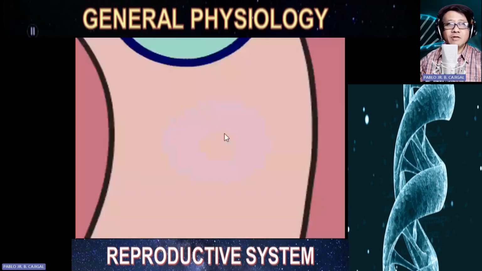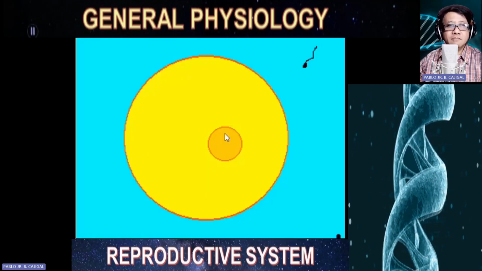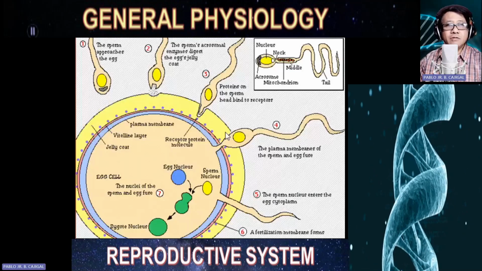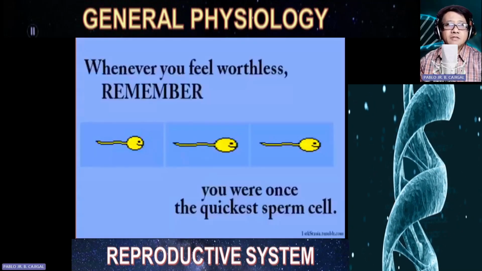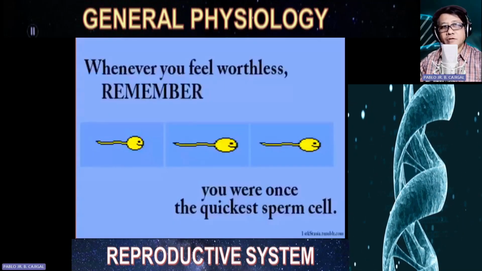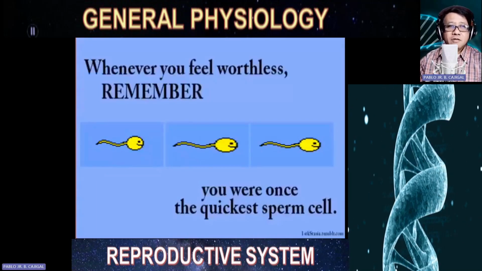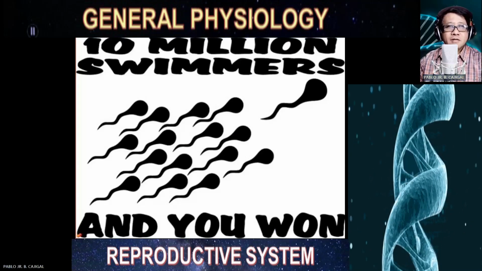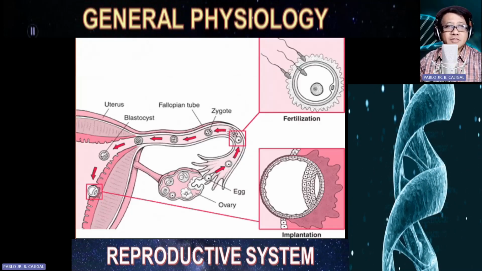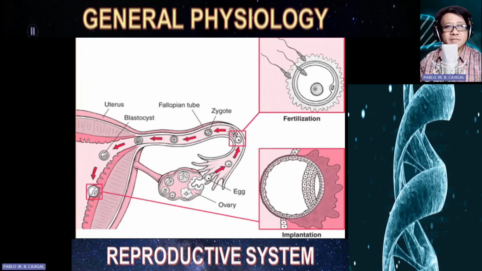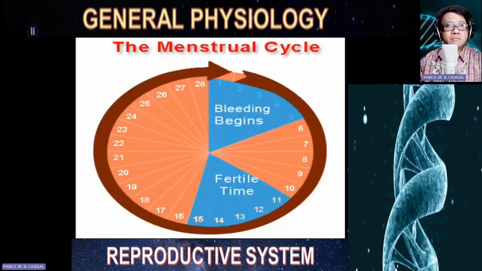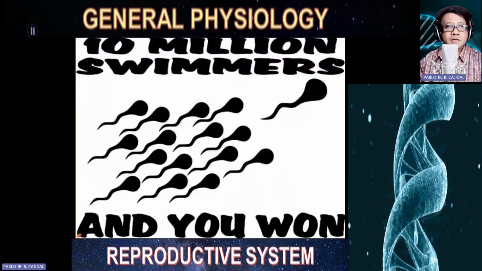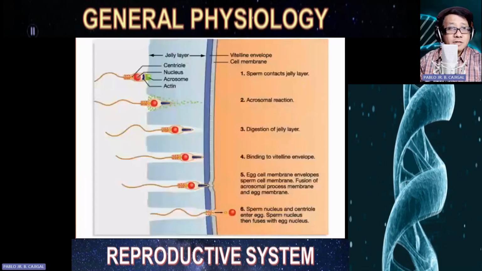Diba? Only one sperm will fertilize the egg. Ayan, kaya winner siya. So whenever you feel worthless, remember, you were once the quickest sperm cell. No? Kaya winners tayong lahat. Isa lang yung mananalo sa karera. Alright, so basically, ganun lang. Yun lang naman siguro.